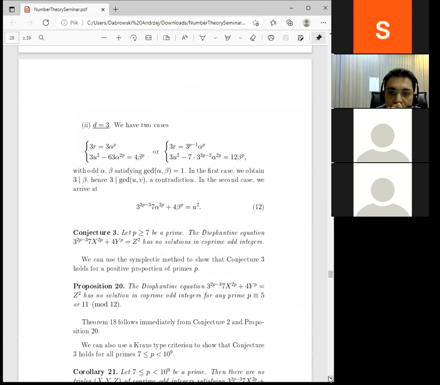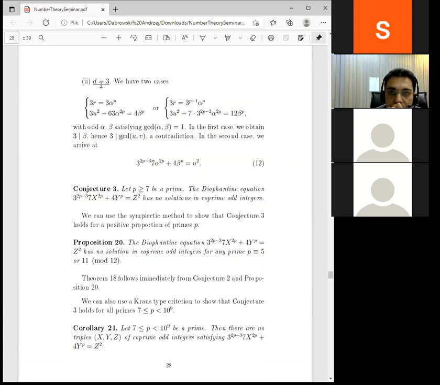The second equation is the following. In this case, we expect that no non-trivial solutions exist, and here we can use symplectic methods, in a similar way as before, and prove that this equation has no solution for a positive proportion of prime exponents.